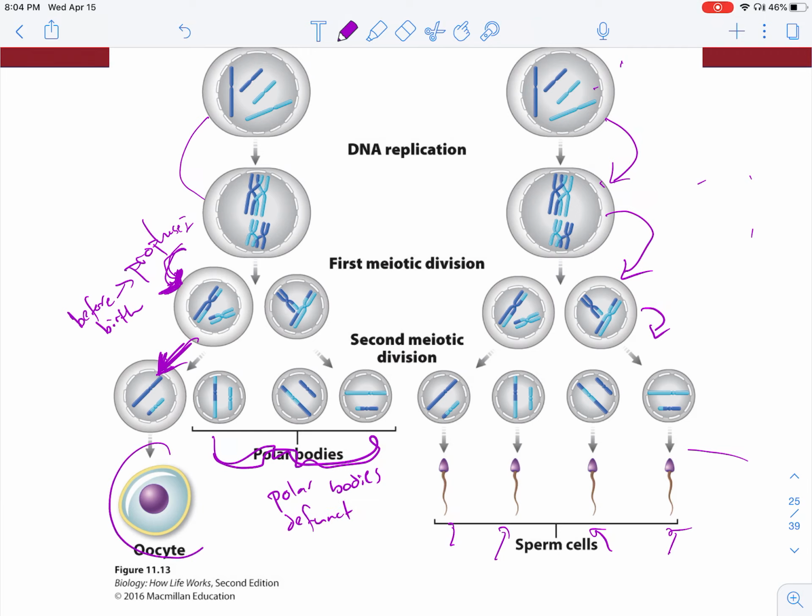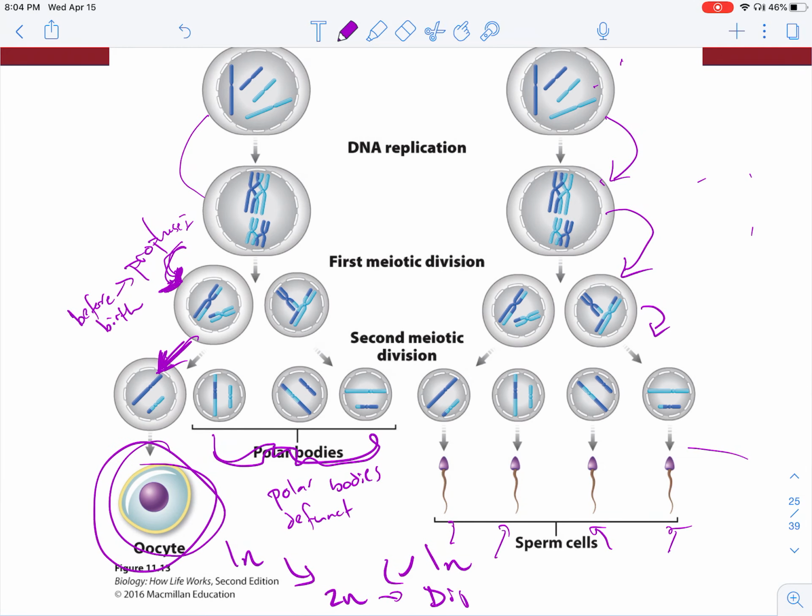And so you only produce one mature product from meiosis that's capable of fertilization. Now here, this has a 1N DNA content. This has a 1N DNA content. So when there's a fertilization event, you're left with a 2N product that is diploid.